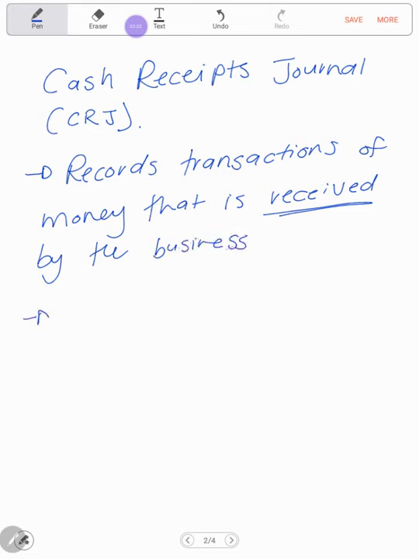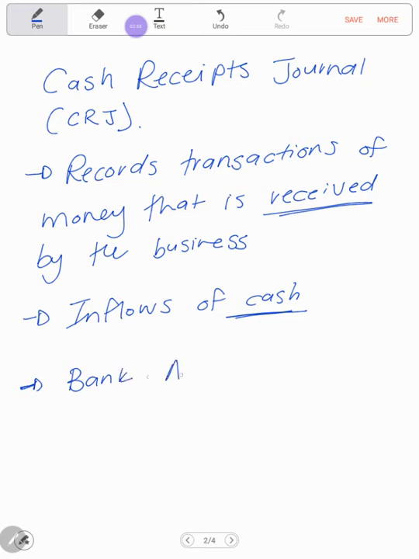All money coming in, the inflows of cash. Alright, it deals with cash and it will affect your bank account. How will it affect your bank account? It increases. Money always comes in and it will increase your bank account.